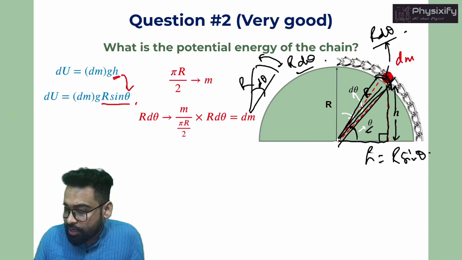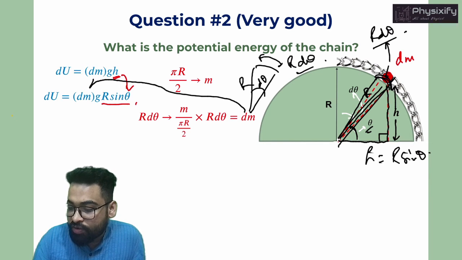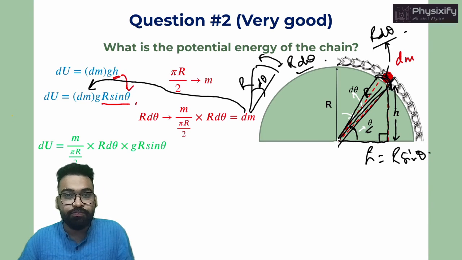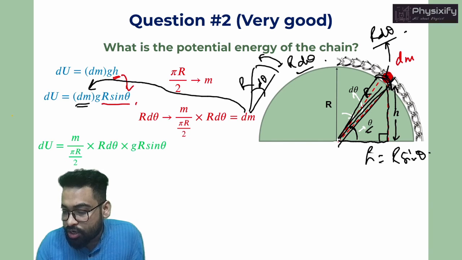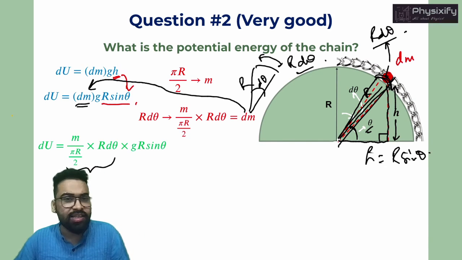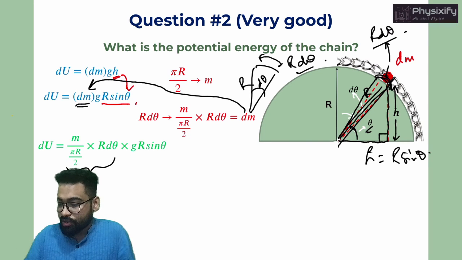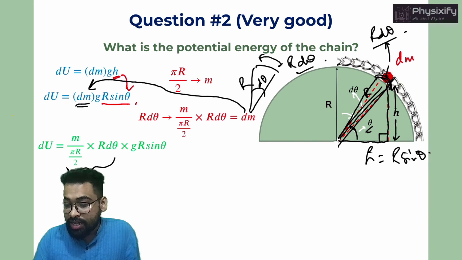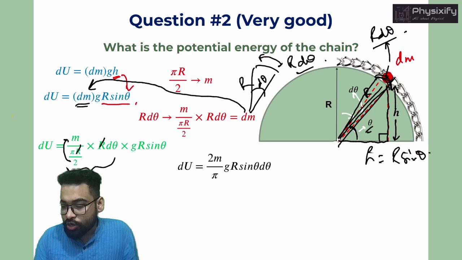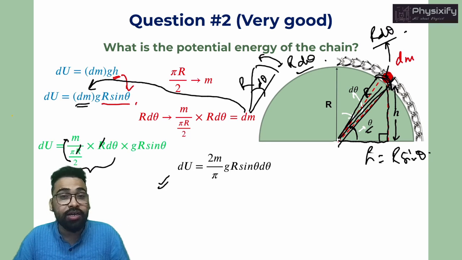You put this dm over here, and you get dU as m divided by pi r by 2, into r d theta. This is your dm, and the rest is gr sine theta as it is. Now if you cancel out r and r, and take this 2 upward, you get dU as 2m by pi, g r sine theta d theta.